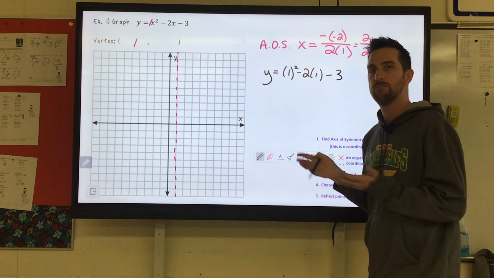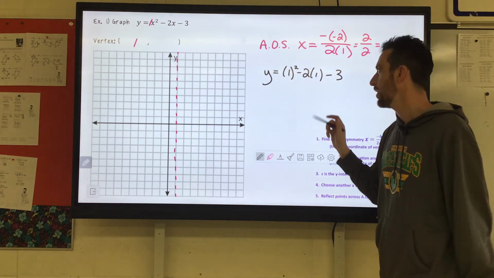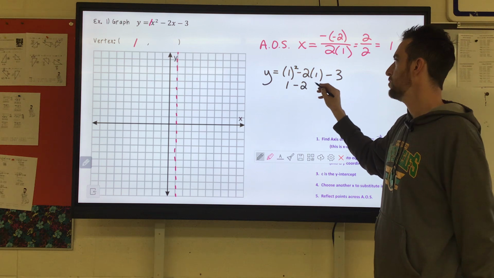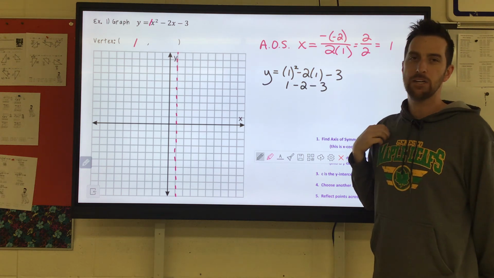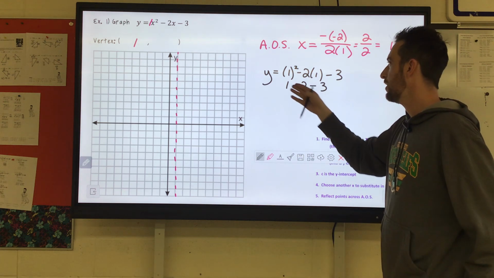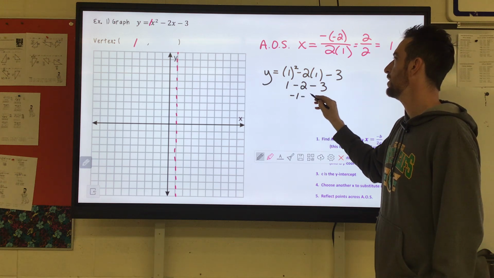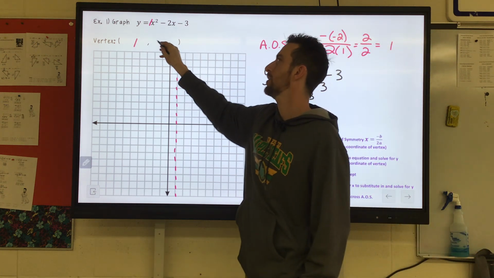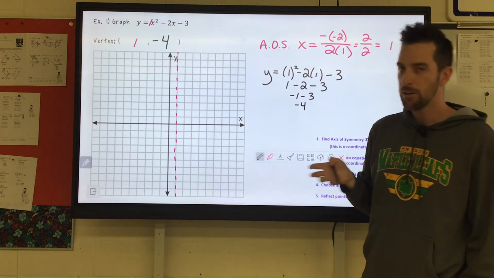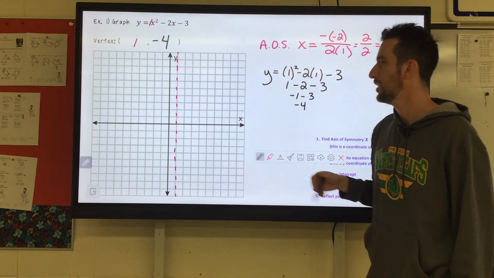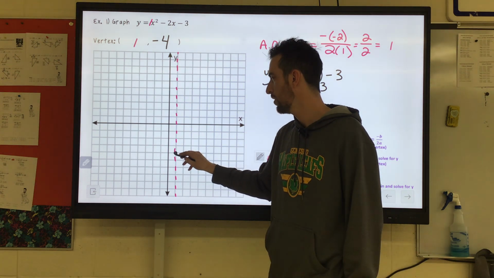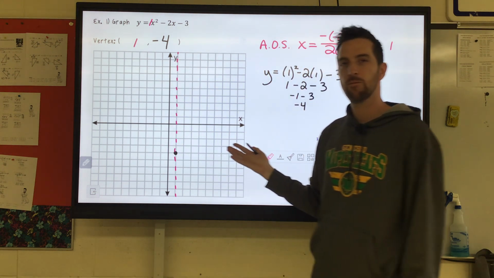We simplify this as much as we can. 1 squared is 1. Negative 2 times 1 is negative 2. So we have 1 minus 2 minus 3. You should go left to right. 1 minus 2 is negative 1. Minus 3 is negative 4. So the y-coordinate of our vertex is negative 4. We can go ahead and plot that point: 1, negative 4. There we go, we got our first point.